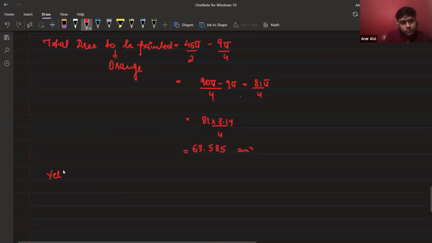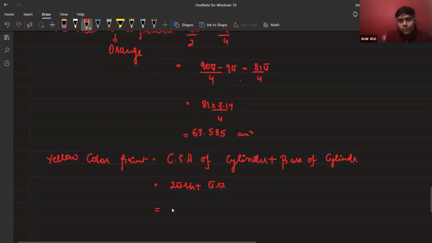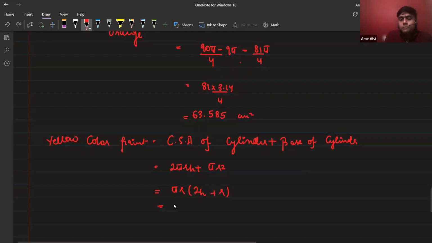So the yellow color paint will be equal to the CSA of the cylinder plus the base of the cylinder. Put the values here: 2 pi RH plus pi R square. Pi R can be taken out common, which leaves 2H plus R. Put the value here.